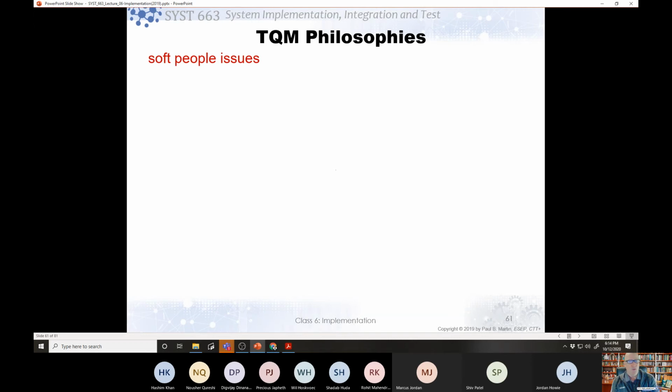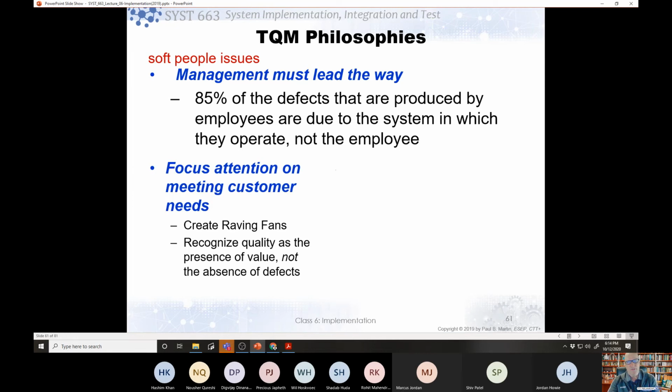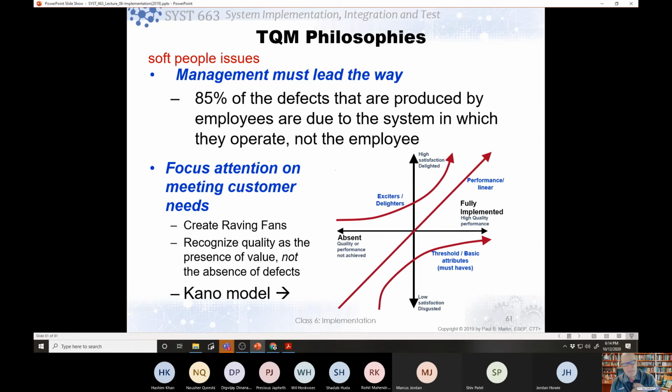Now, there's soft people issues where management is leading the way, making sure defects are caught early and rewarding people who are helping you work that. Always keeping the customer in mind, trying to get them excited about what you're producing and making that one of the key aspects that you're trying to work.